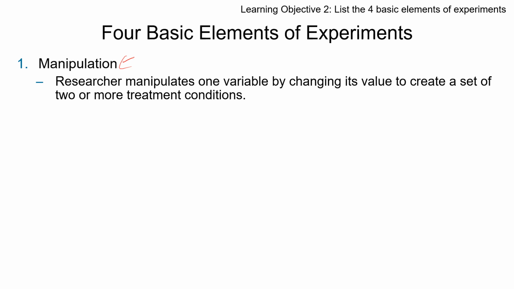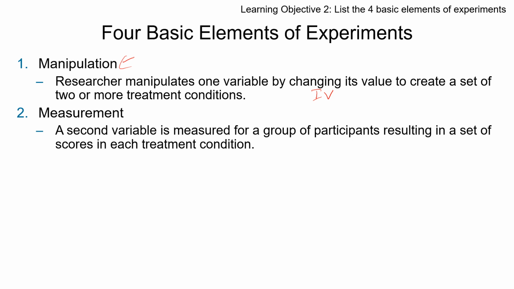So the researcher manipulates one variable. This is also called the independent variable. The researcher then measures a second variable. So this second variable is the outcome variable. It's the variable that's measured afterwards, after the manipulation occurs. And this is the dependent variable.